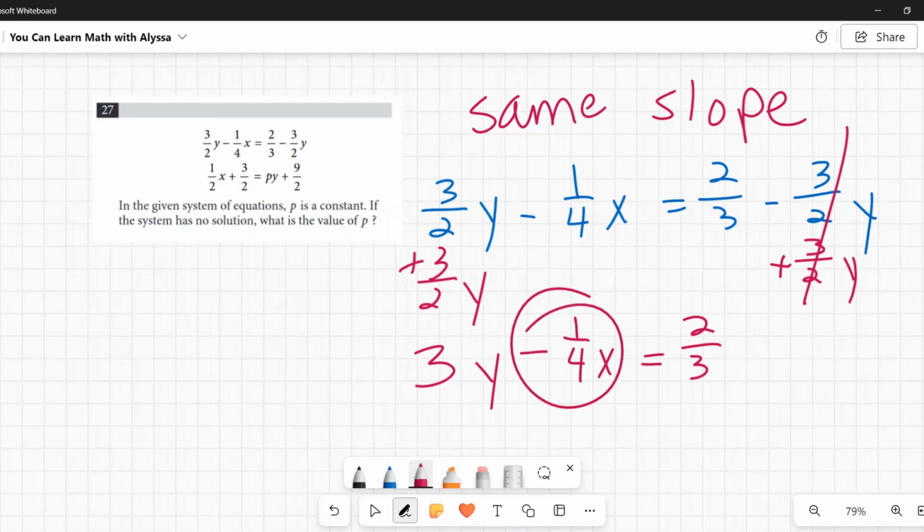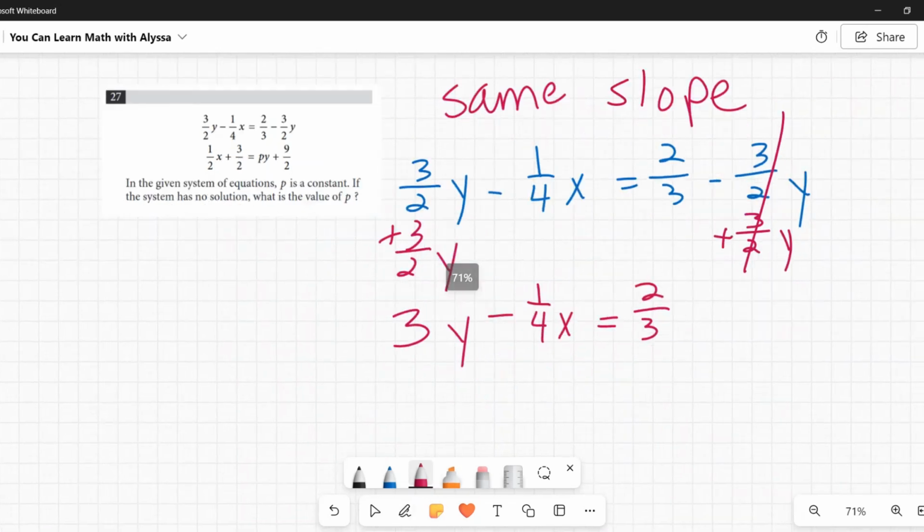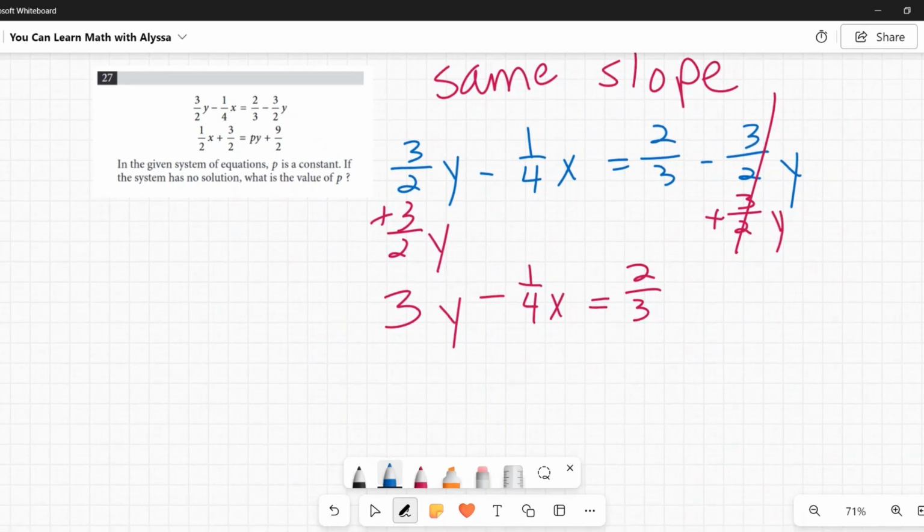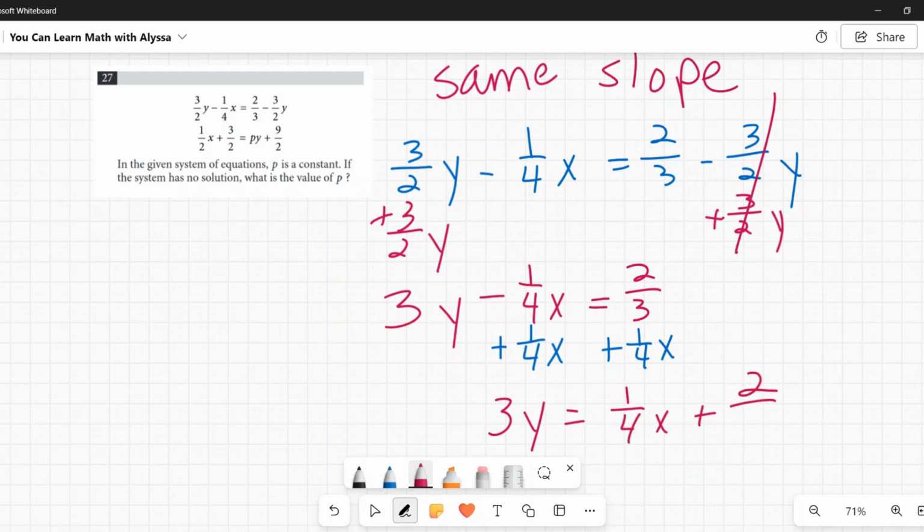I want this 1/4 x to move over. So I'm going to add 1/4 x to both sides, and I get 3y equals 1/4 x plus 2/3.